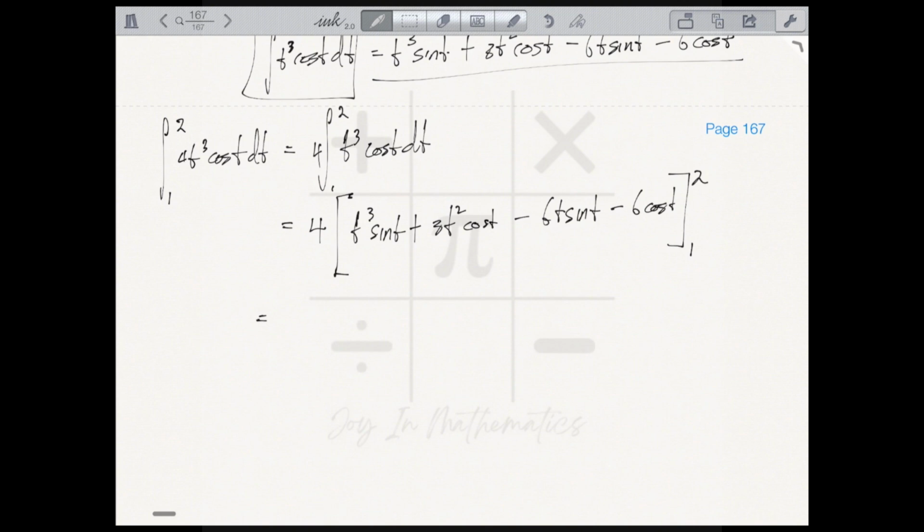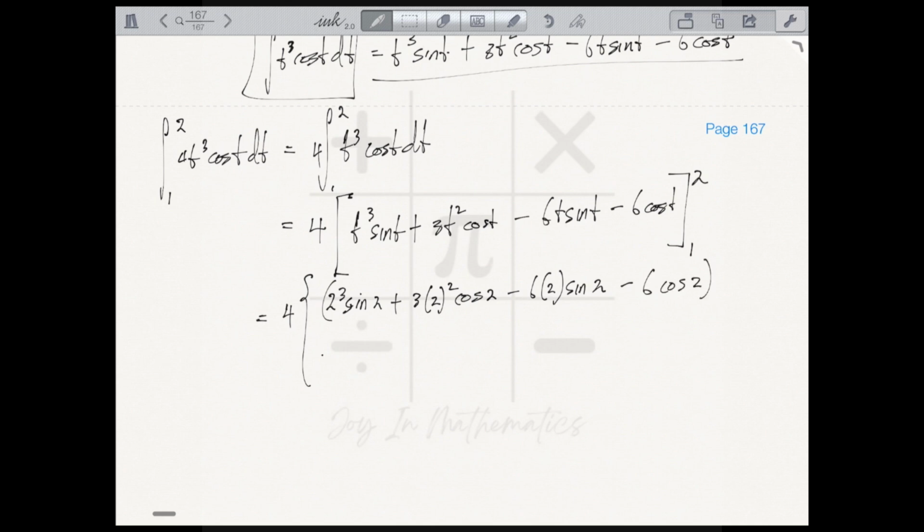Therefore, we can now plug in our upper limit. So this will give us 4 into 2^3 sin 2 plus 3 times 2^2 cos 2 minus 6 times 2 sin 2, minus 6 cos 2.